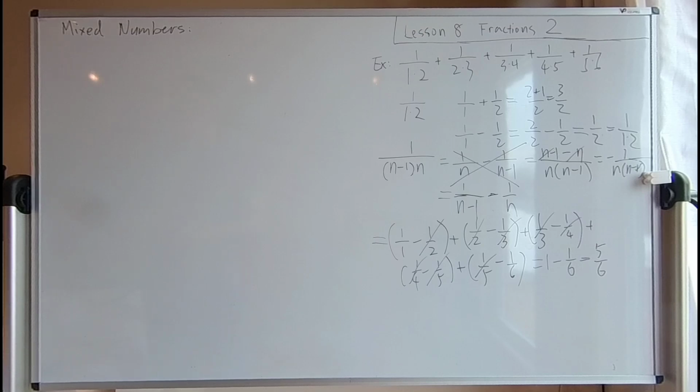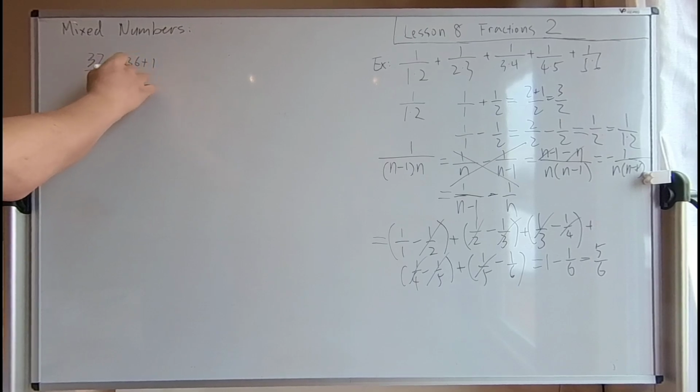So for example, if I have a number 37/4, I know that this is something much greater than 4, so 37 divided by 4 will definitely give you an answer greater than 1, which means I can rewrite this as 36 plus 1, because 36 is a multiple of 4.